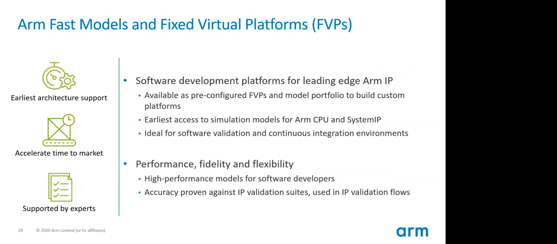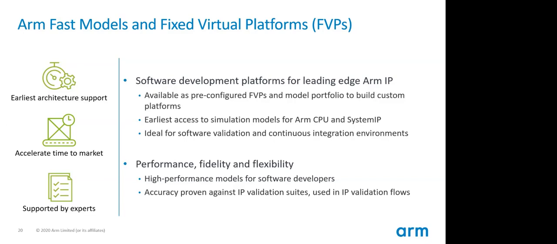So you can run code on these as fast and quite often even faster than you would on real silicon. The fast models themselves are modular components of all different IP blocks that you would stitch together to build a complete system. And the fixed virtual platforms that we provide are basically ready-made systems built with these building blocks.